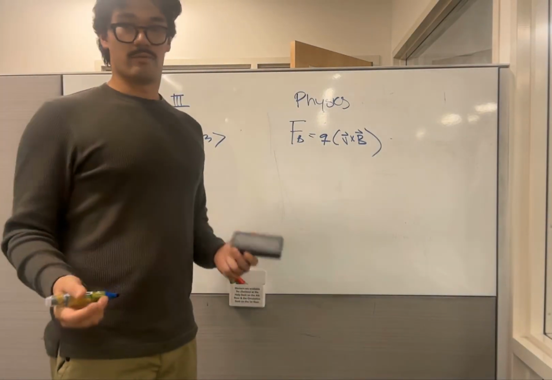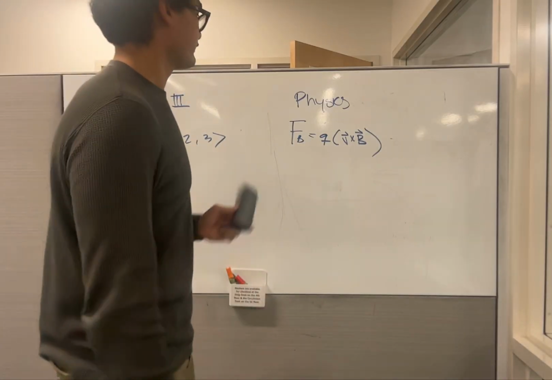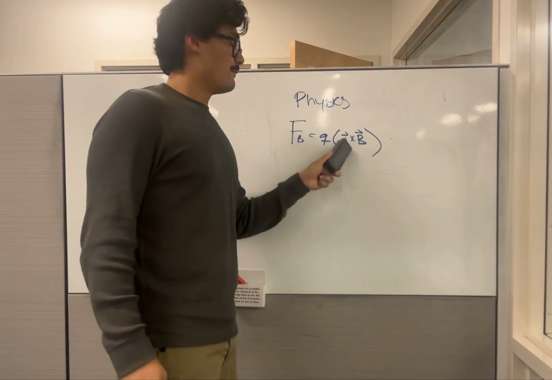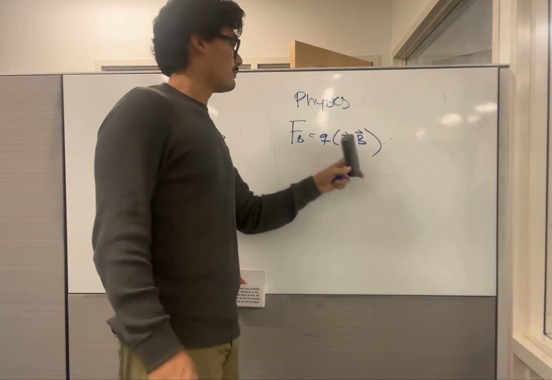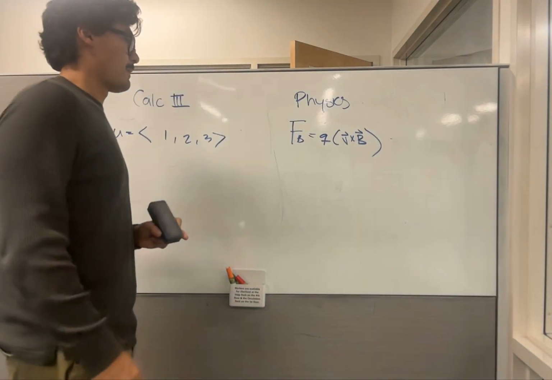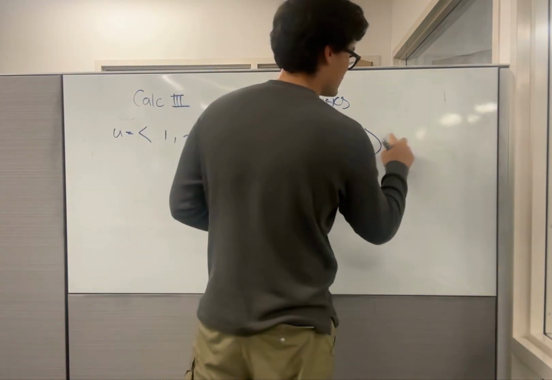This is the magnetic force experienced by a moving particle in a magnetic field. q is the charge of the particle, V is the velocity of the particle, and B is the external magnetic field. Now, this force is equal to mass times acceleration, right?